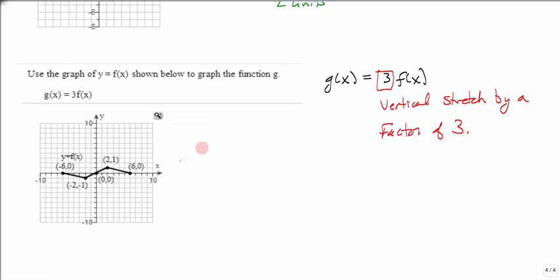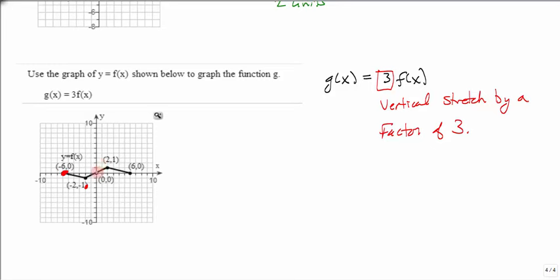Okay, so what that means is we're going to take each of these. Now remember, vertical means the y values, and multiply times 3. So 0, what I have here for this ordered pair, 0 times 3 is still 0, so this point stays. Now here, negative 1 times 3 is negative 3, so negative 1, negative 2, negative 3. So multiplied by 3.